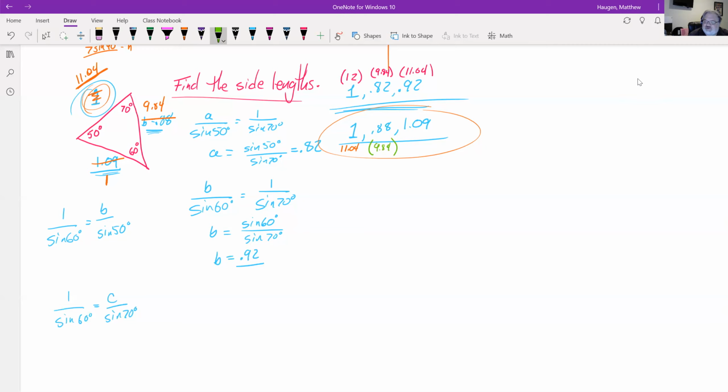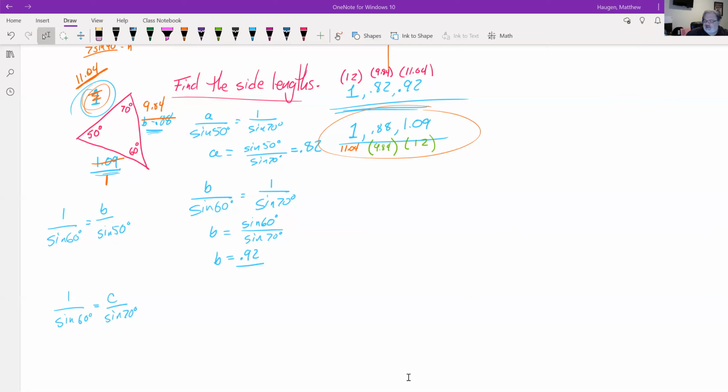The 1.09, 109% of the 11.04 should equal 12 up to our decimal approximation. So it should yield the same set of values, just with a different orientation. And I'm actually really curious to make sure that works.